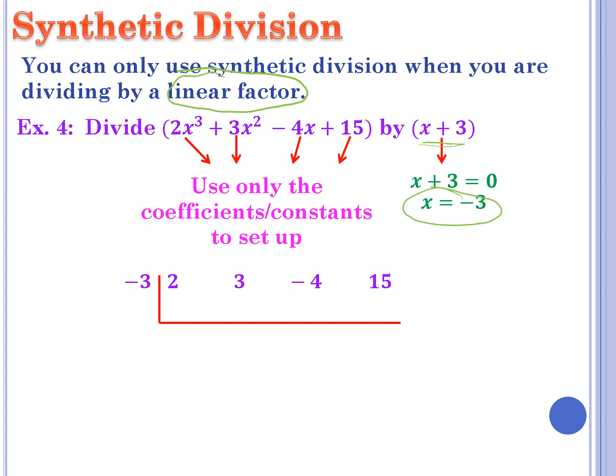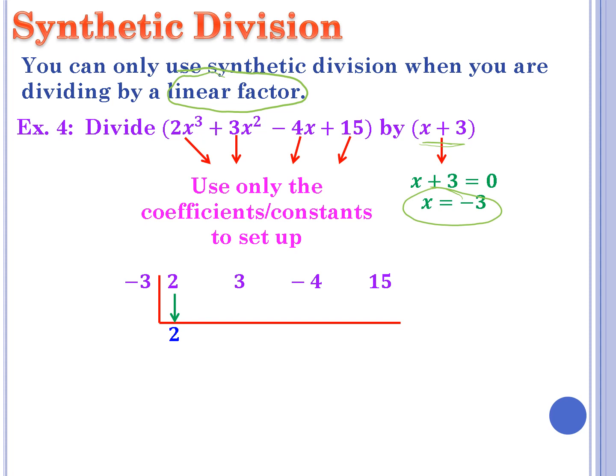Now, the first step, and you always want to do this so you don't make a mistake: underneath the 2, you're going to put an arrow, and that's to keep you from writing anything in that spot. You're going to pull down that first number, the 2.